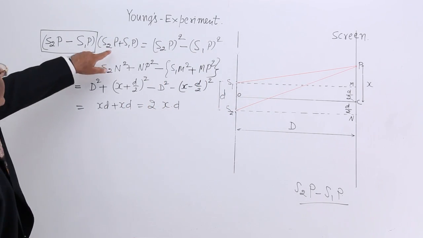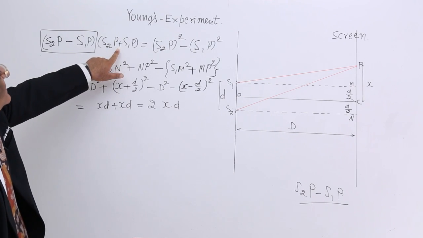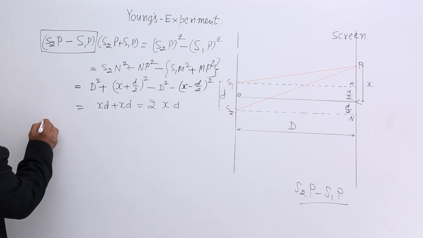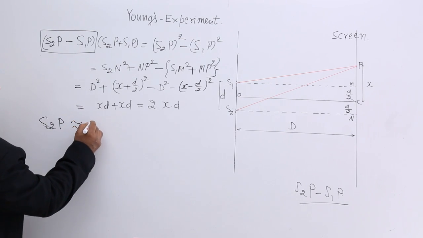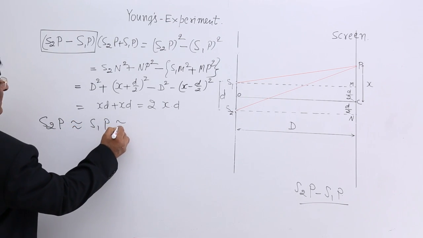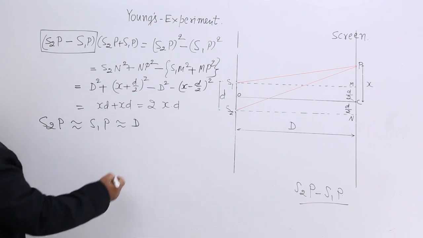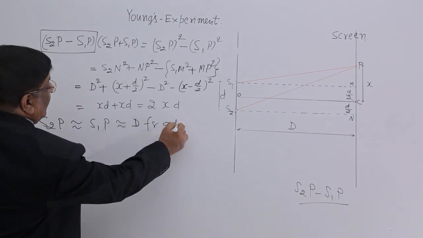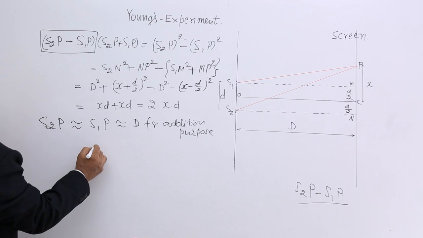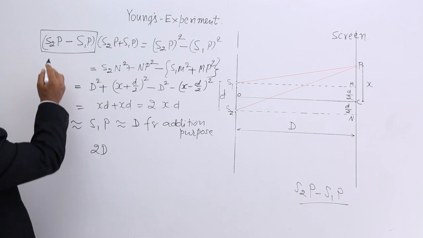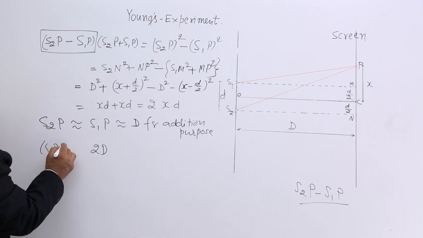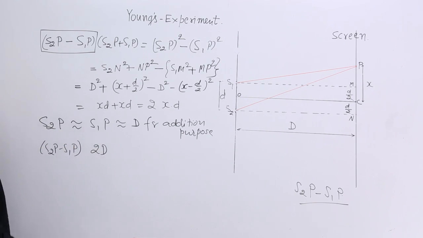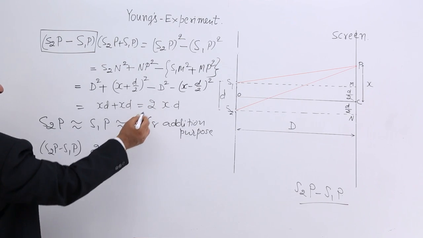Now S2P, S1P, for addition purpose both can be taken approximately equal to D. Here we can write it as 2D. And S2P minus S1P we are not touching, because this is our path difference, whose value is equal to 2xd.